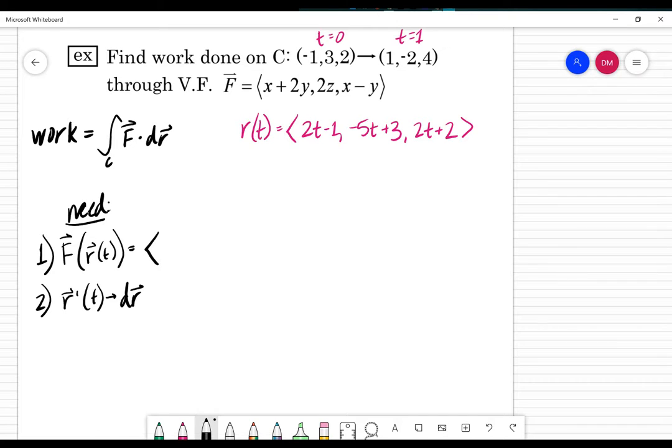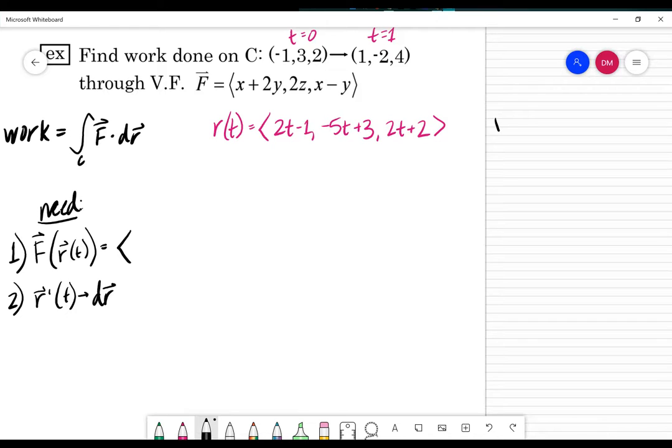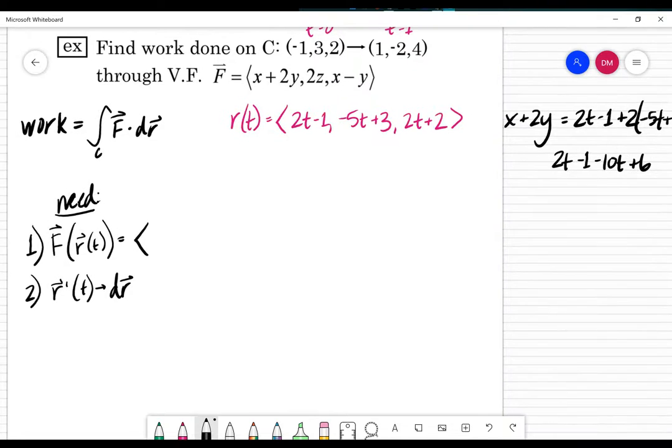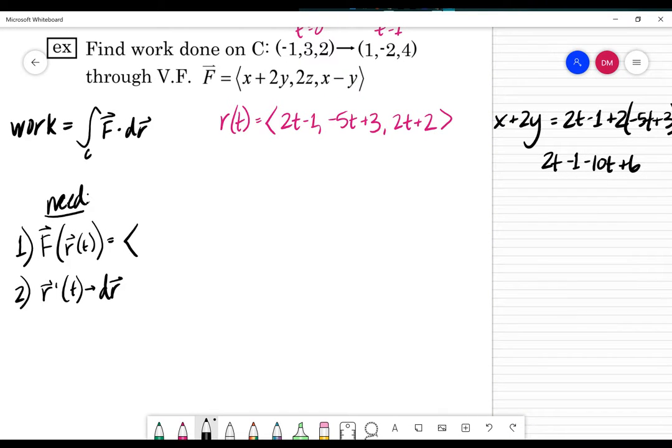I'm going to go ahead and do that off to the side here. X plus 2 times y would look like, all right, so it looks like we get a negative 8t plus 5 if we do x plus 2y.